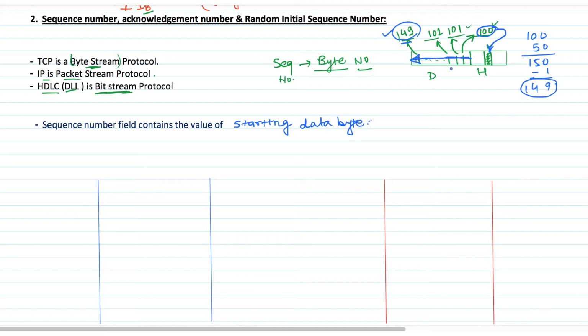The question is how the receiver is going to calculate the length of this data part, because in IP we have fields called total length and header length. So in IP, by subtracting header length from total length, we can calculate the length of data. But that is the case of IP; in case of TCP we have only a header length and we don't have any total length field in that format.